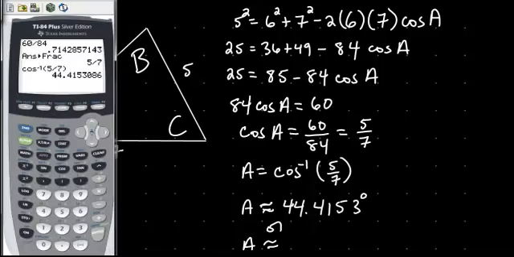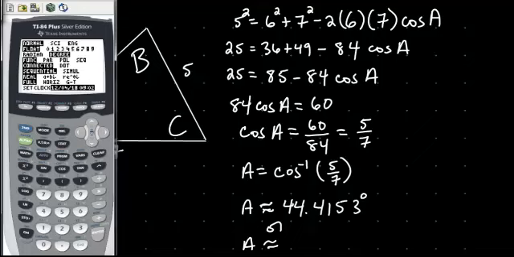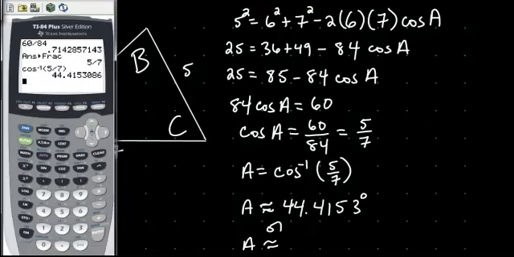Or if we want it in radians, let's change my calculator to radians mode. Go to mode, go down to radians, enter, and do the inverse cosine of 5/7.